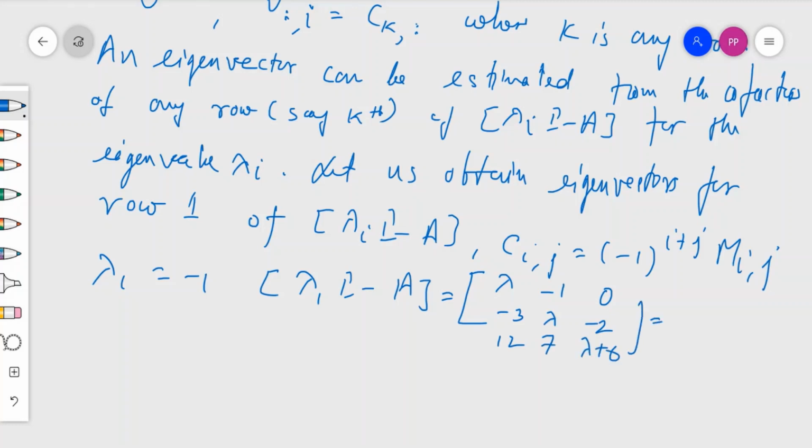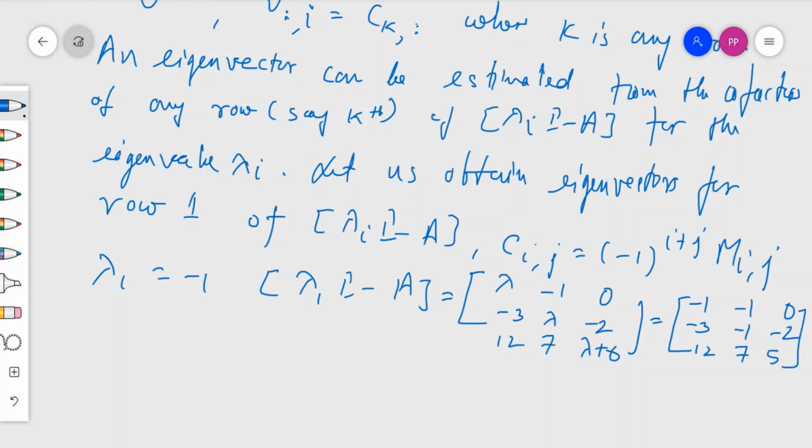So if you put the value over here, you will get minus 1 0, then minus 3 minus 1 minus 2, then 12 7 5.